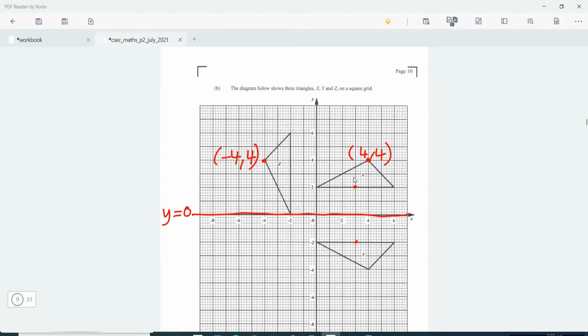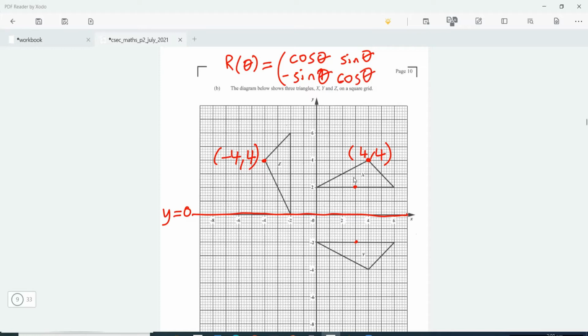Since that is what we're trying to find out, all we need to do is remember the rotation formula. Remember, the rotation formula is R of theta equals this rotation matrix: cos theta, sine theta, minus sine theta, cos theta.